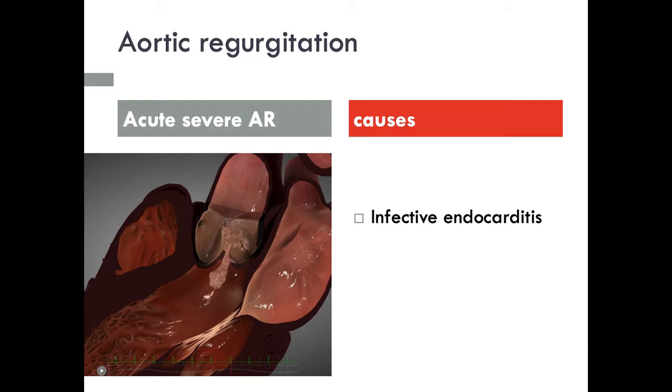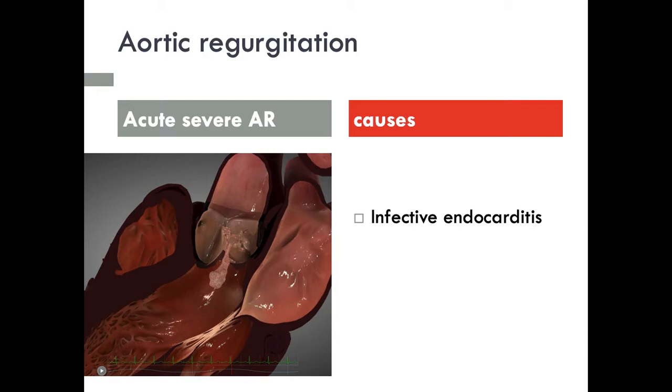So there's an image of a simulator model of infective endocarditis, and we can see it's actually quite a destructive process. So we may see destruction of the leaflets, we may see holes in the leaflets, and the thing that we see most easily, I think, is the vegetation.